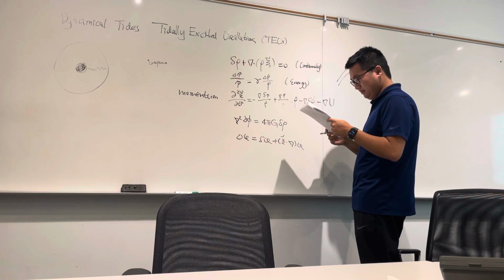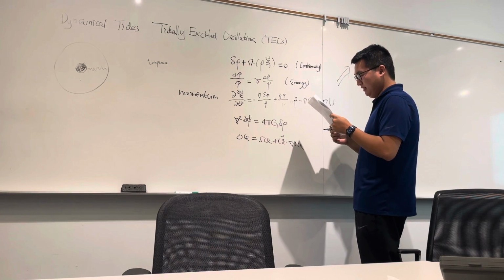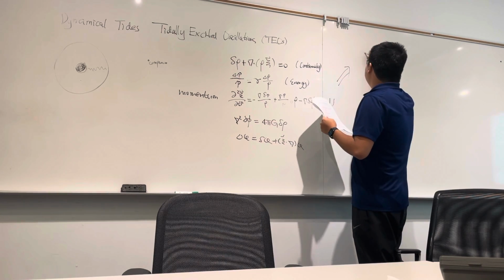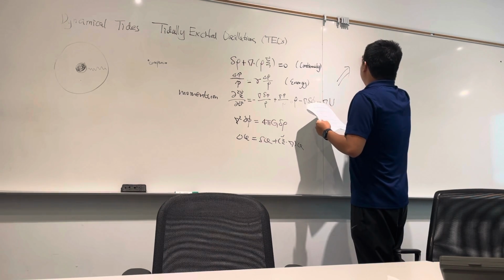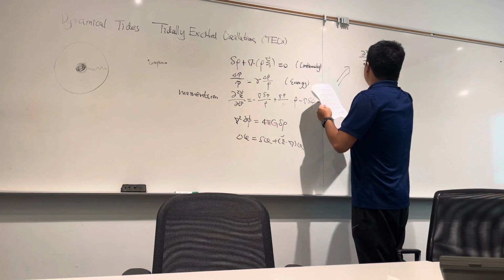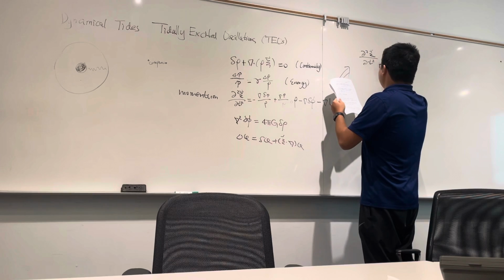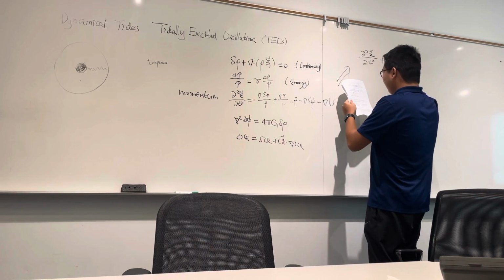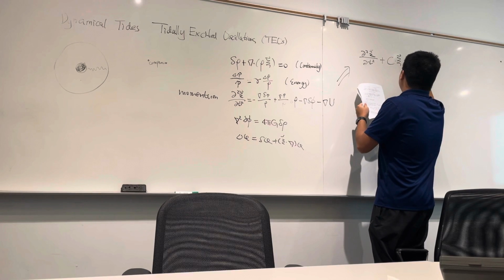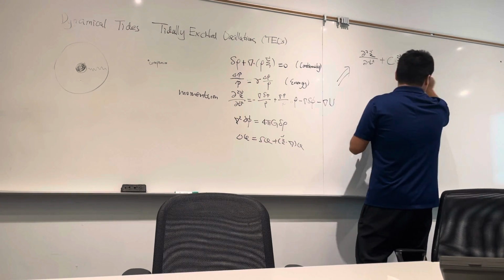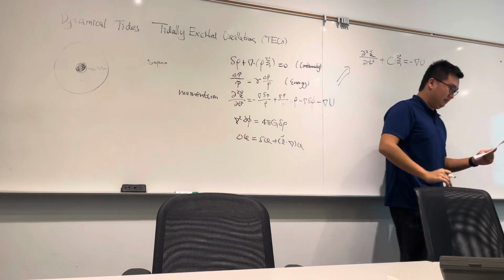And that equation is: you have a second time derivative of xi plus some linear operator acting on xi equals minus W, which is a tidal force.